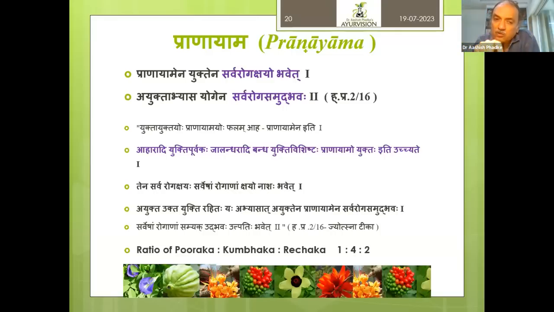Now, when you are doing this particular 1:2 ratio of inhalation to exhalation, you are automatically training your body to maintain your sympathetic and parasympathetic balance, and you are taking it slightly more towards parasympathetic, which is good for your health in the long run. So that is the importance of pranayam particularly, and this ratio also.